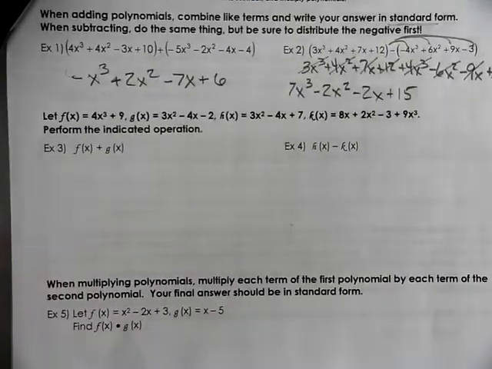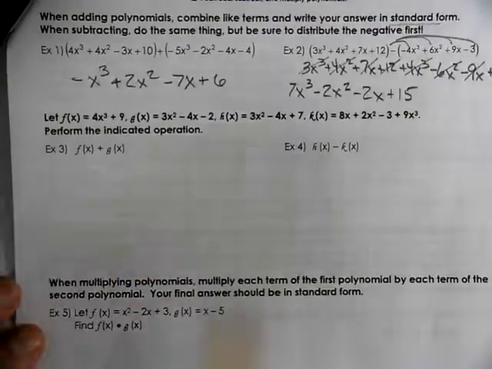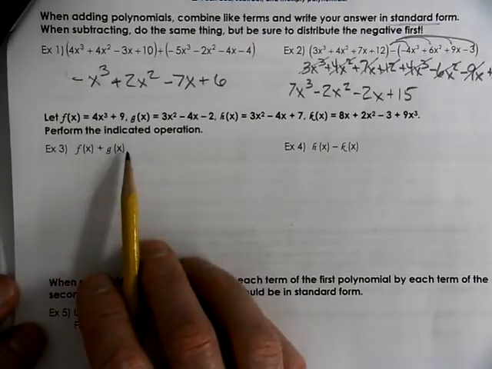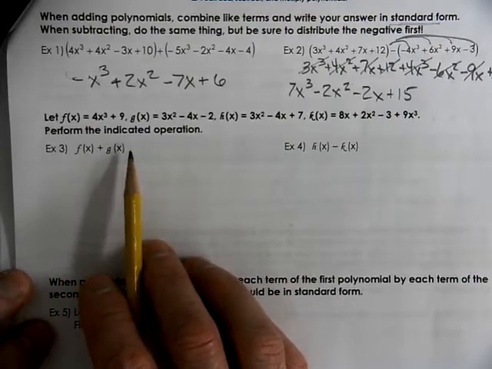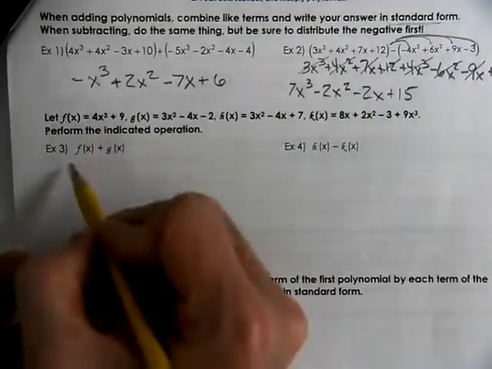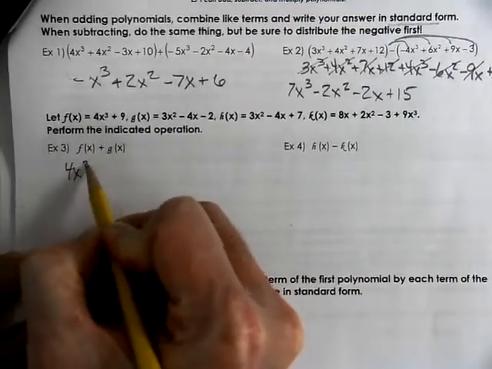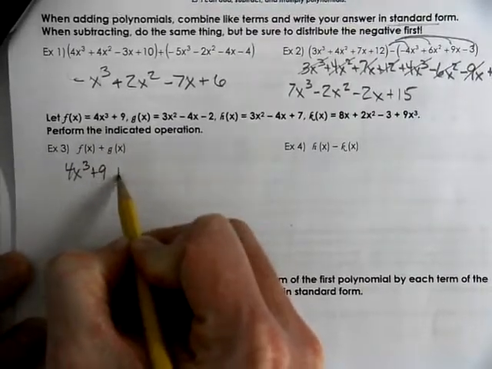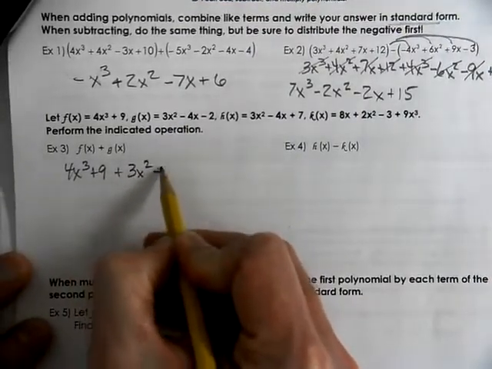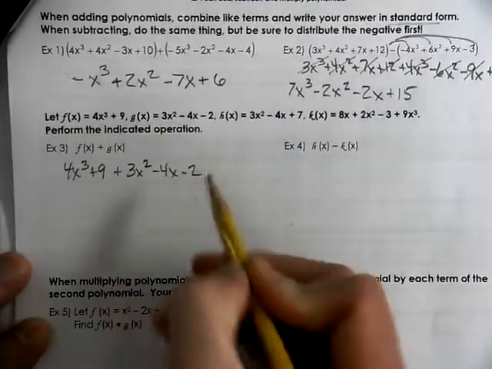This is the same type. It's just a different notation. Here we're going to take f of x and we're going to add it to g of x. F of x, we look up in our given information, we see 4x cubed plus 9. And we're going to add that to our g, 3x squared minus 4x minus 2.